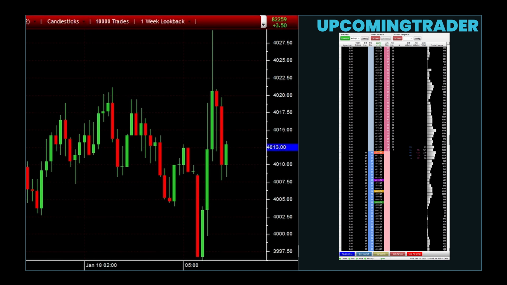Picture this: what if you could not only see where the price is moving, but also understand the power behind those moves? That is where the Candlestick Volume Profile comes in. Imagine combining a regular candlestick chart with a detailed map that shows where most of the action took place. The Candlestick Volume Profile does just that.